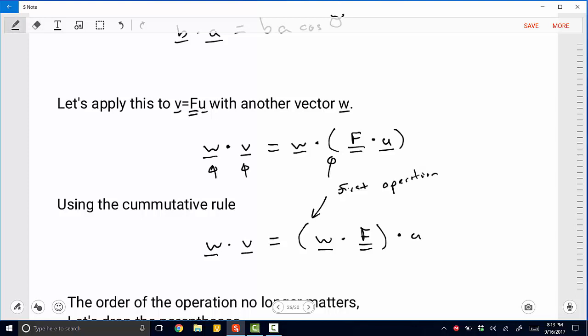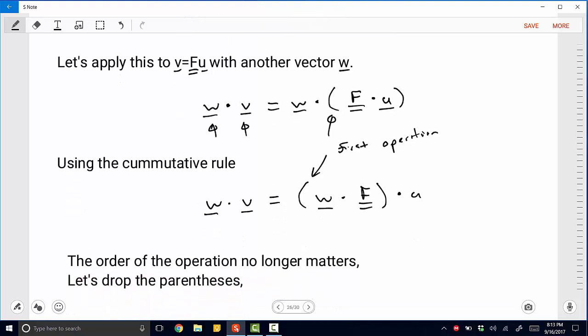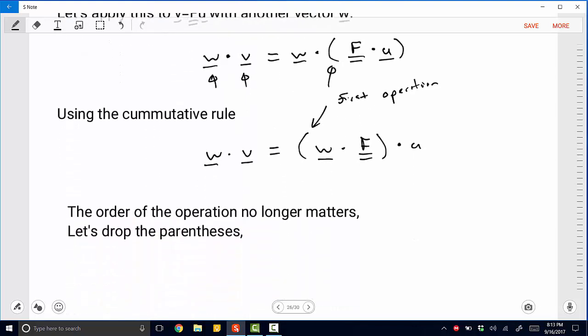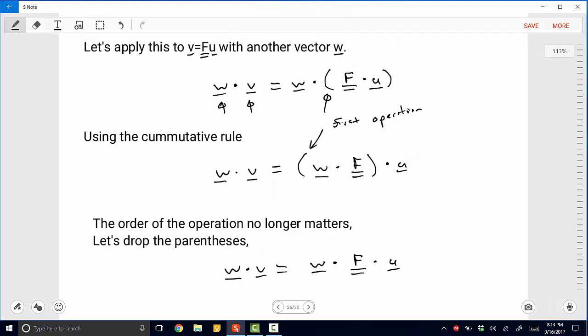We can change what operation we perform first. We will produce the same overall outcome. So the order of the operation no longer matters, and we can simply drop the parentheses and say the vector W dot V is just the vector W dot tensor F dot vector U. We can perform any operation in any order we want and produce the same overall outcome.